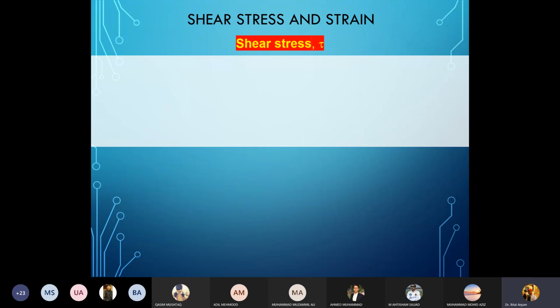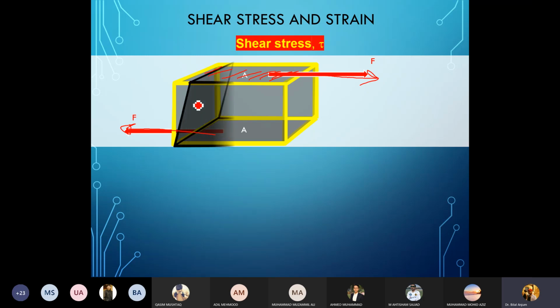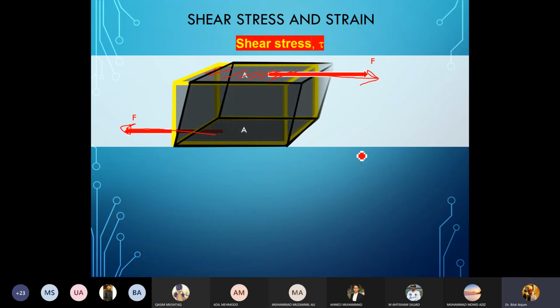Shear stress, again, stress is force, a relationship of force and area. If you have this metal block and you apply the load along the area, parallel to the area, you would essentially have a sample moving in this manner.